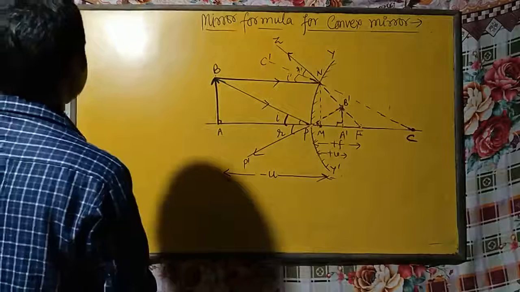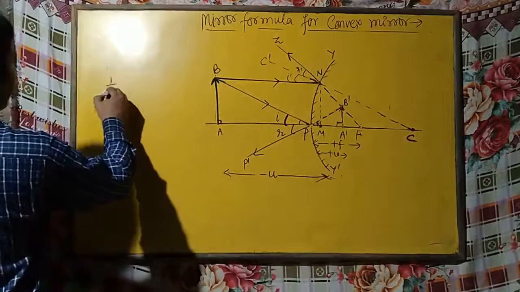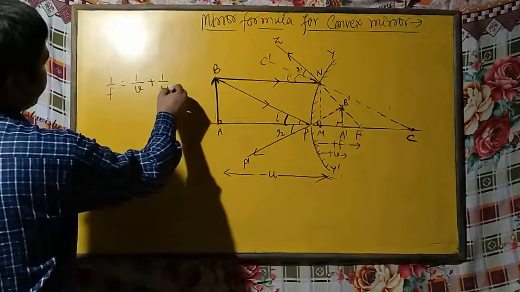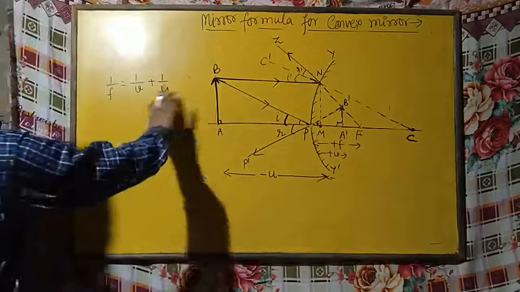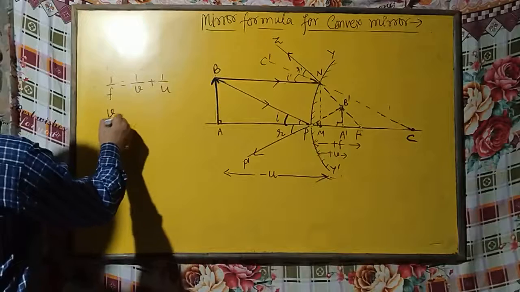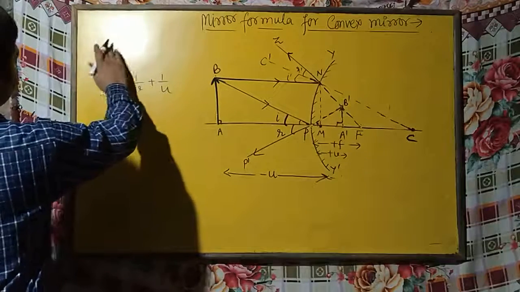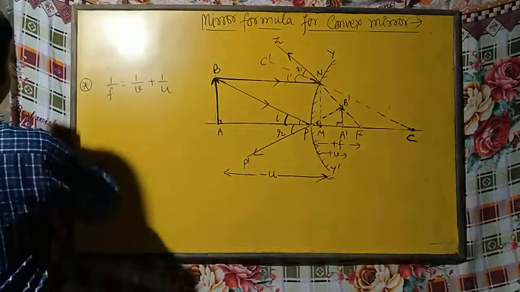Since we know that 1 by F is equal to 1 by V plus 1 by U, if you multiply this by V, you can write V upon F. Note the first point.